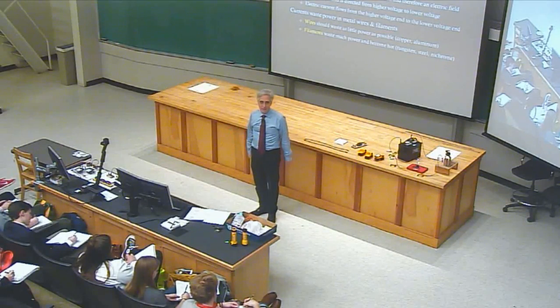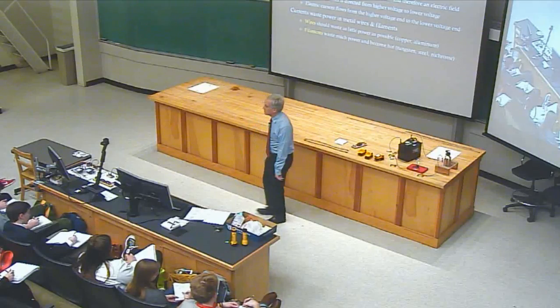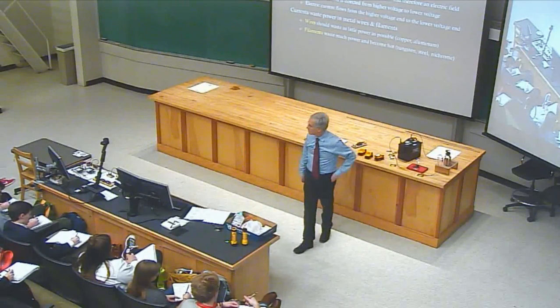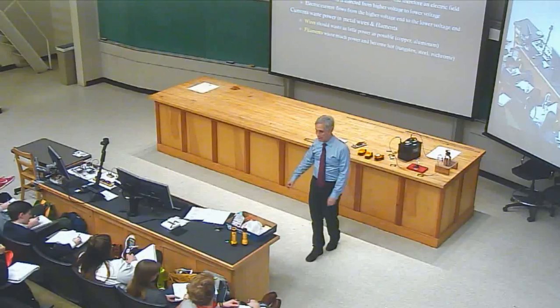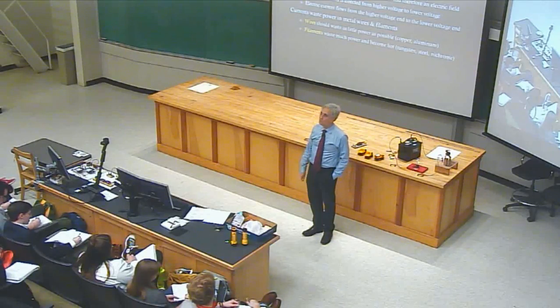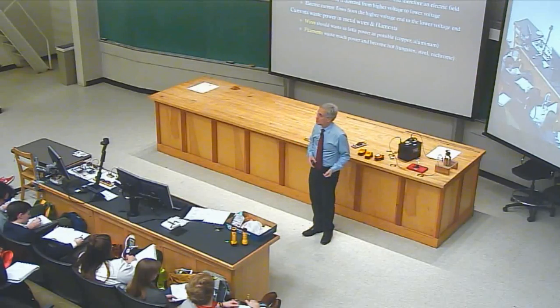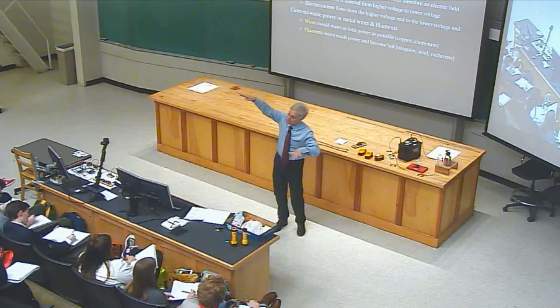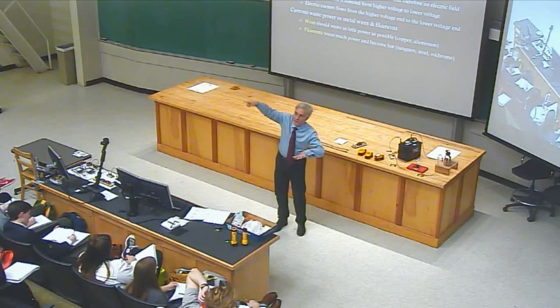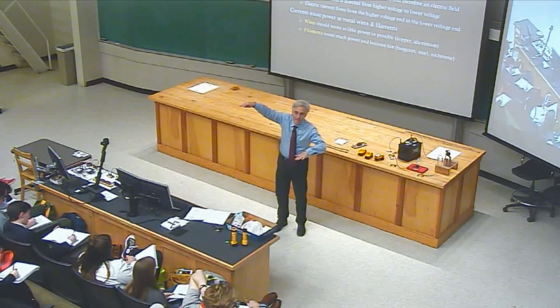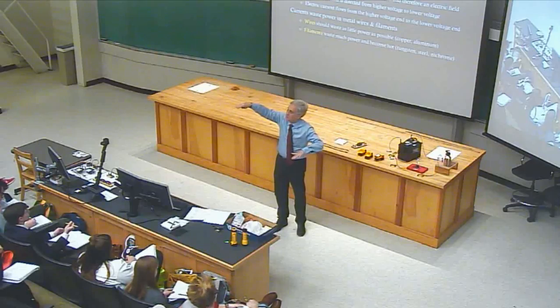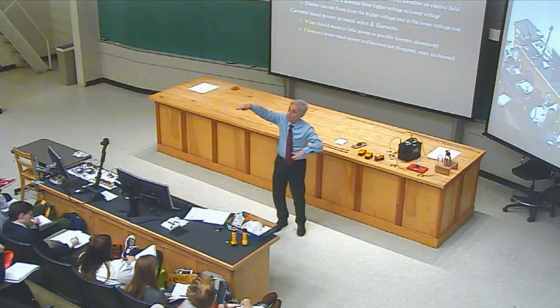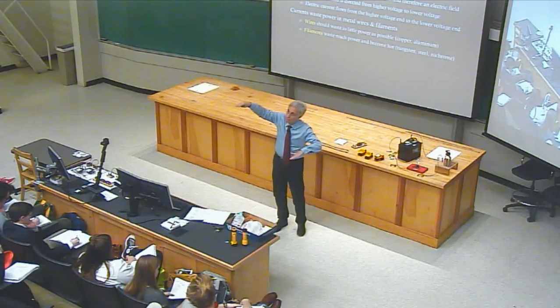You need an electric field in the wire for it to carry current continuously. How do you get an electric field in the wire? Well, I told you some time back that whenever you have a gradient in the voltage, positive voltage here, negative voltage there, there's a spatial gradient in the voltage. That gradient in the voltage is an electric field. And the electric field points away from the high voltage toward the low voltage.